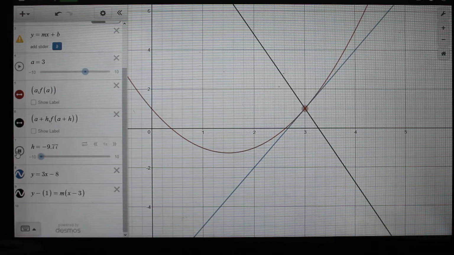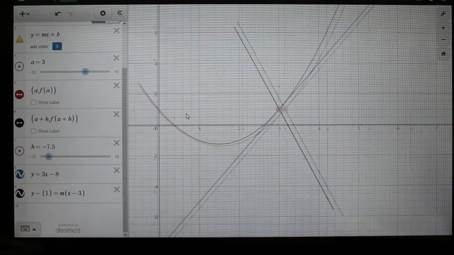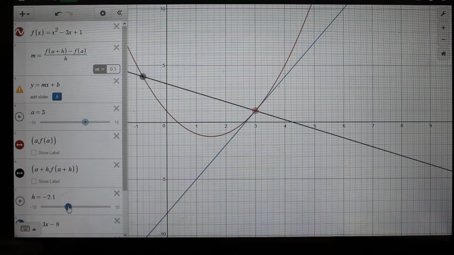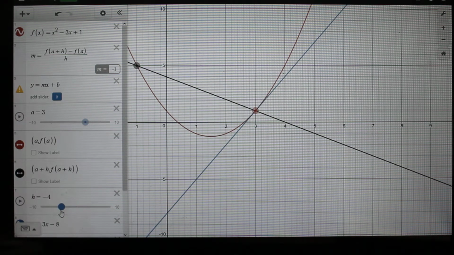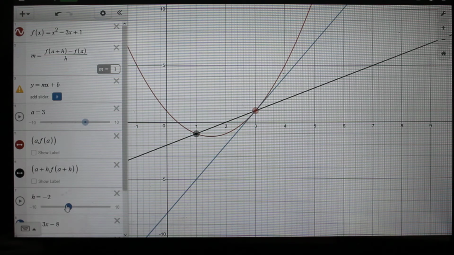As you can see, the slope of the secant becomes larger as it moves away from 0, but as it moves closer to 0 it becomes very small, to the point where there is no more slope of the secant and it becomes the slope of the tangent.